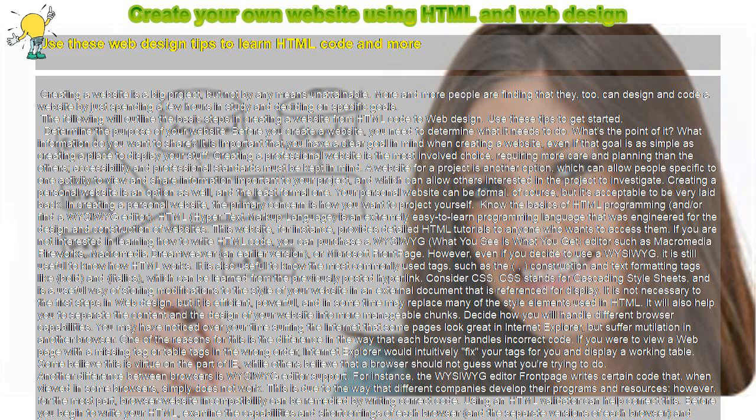Decide how you will handle different browser capabilities. You may have noticed over your time surfing the internet that some pages look great in Internet Explorer, but suffer mutilation in another browser. One of the reasons for this is the difference in the way that each browser handles incorrect code.